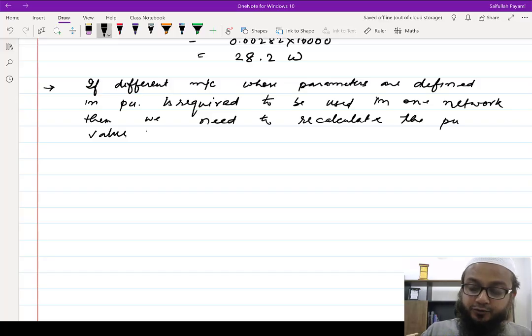To find the new per unit values, we first need to define the new base values as well, right?